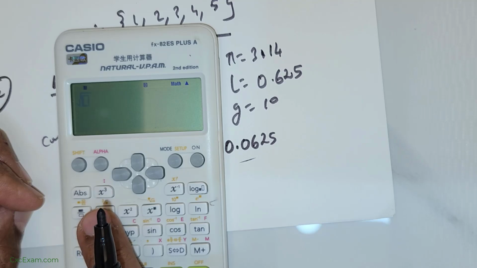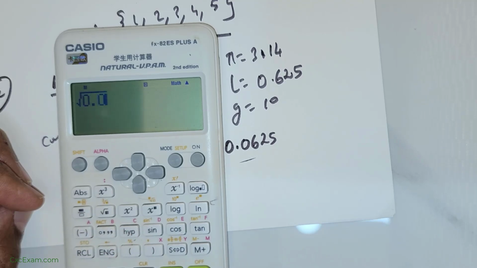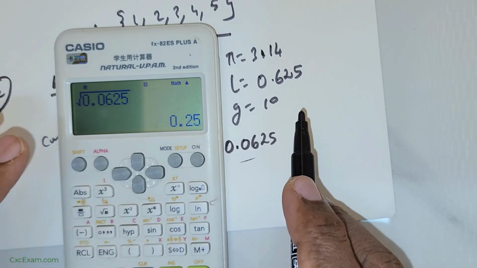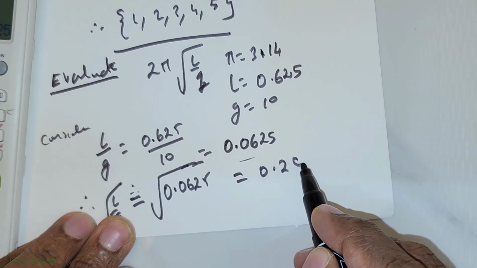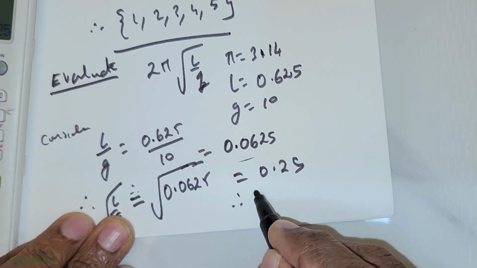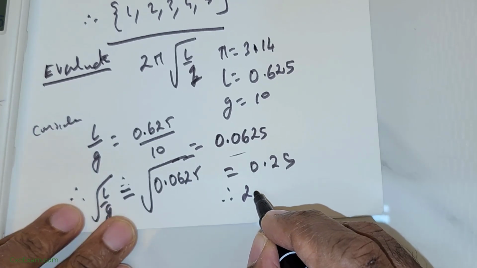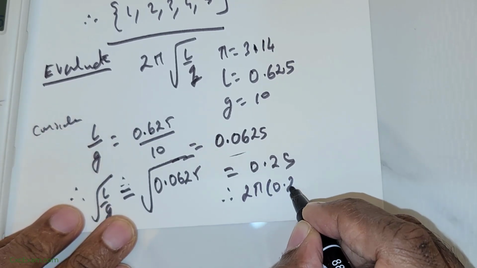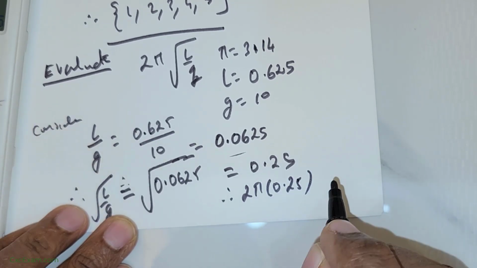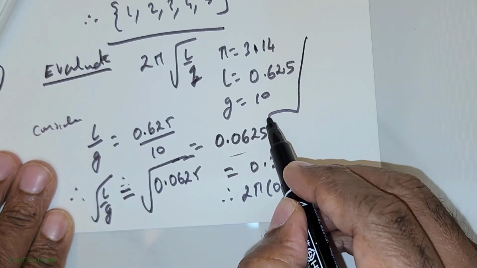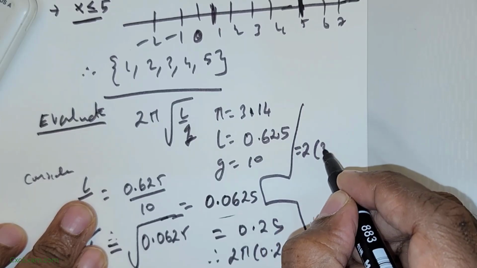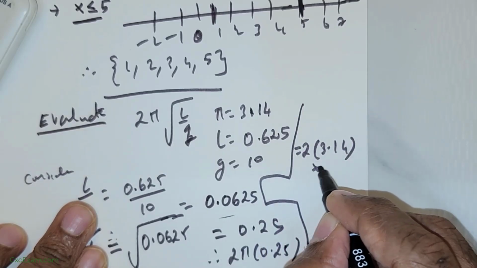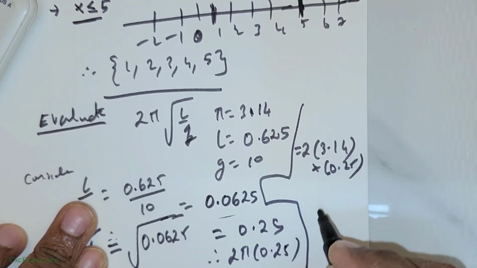Now we have to take the square root of 0.0625, and that is going to be 0.25. Now you have to multiply with 2 pi, 0.25. So what would that be? This is going to be 2 times 3.14 multiplied with 0.25.